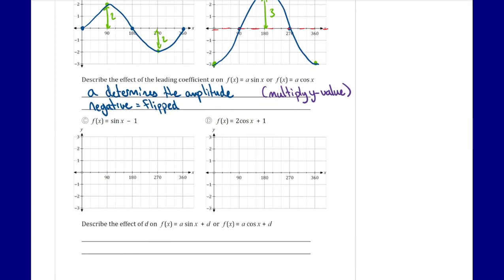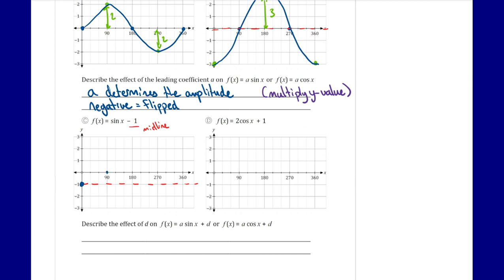So C and D are again looking at a new variable, so to speak. So sine x minus 1. We talked about previously, this minus 1 tells us our midline. So that means my midline for this sine function is going to be here. If I go back to my base function, the base sine wave, my starting point is on the midline at 0 when x is 0.